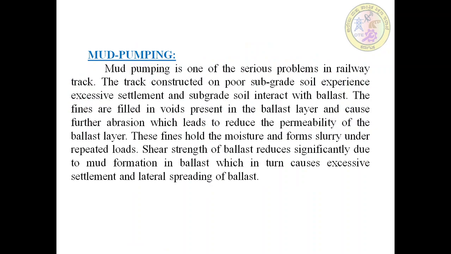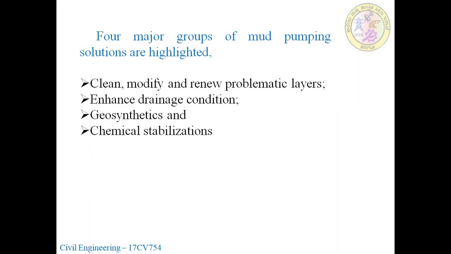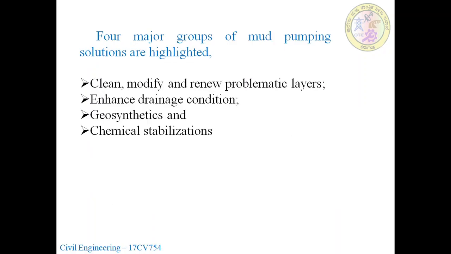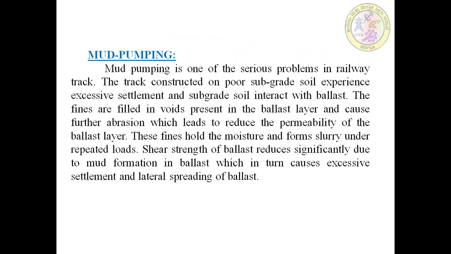Now the important thing is mud pumping. It is when soil slurry comes out from the road or from the railway tracks. It happens regularly in railway tracks, where the slurry comes outside, so the soil becomes very loose. Mud pumping is one of the serious problems in railway tracks.